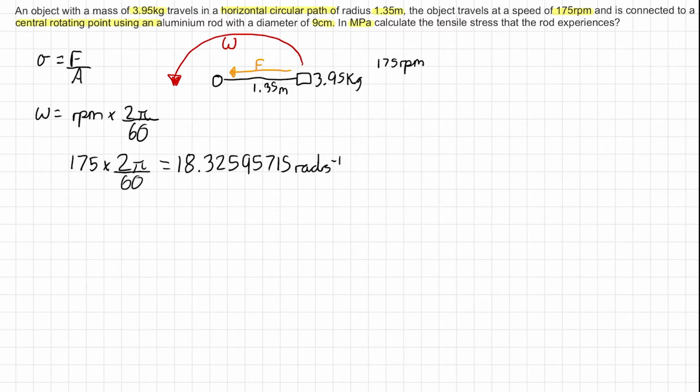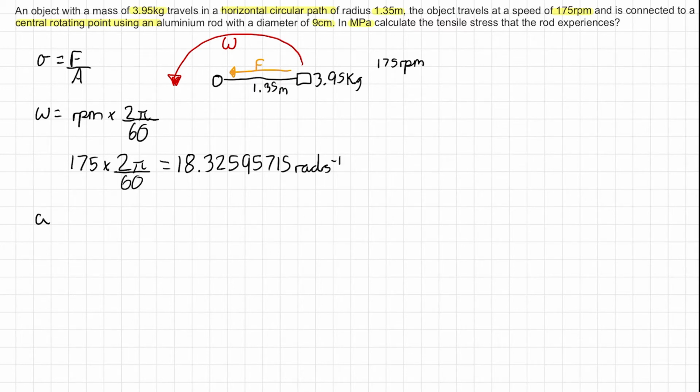It's important that we don't simplify any of the values until the final step, as I'll go through later. So now that we've got the angular velocity, we can use that combined with the radius to calculate the centripetal acceleration. So it's a, remember it's linear acceleration, not angular, so don't get confused with this.